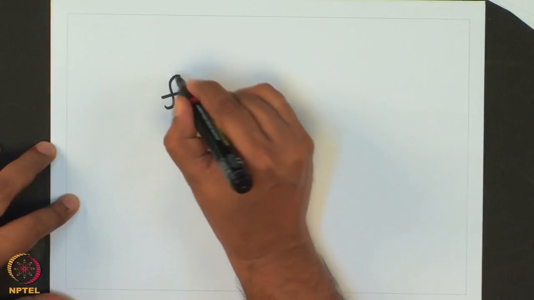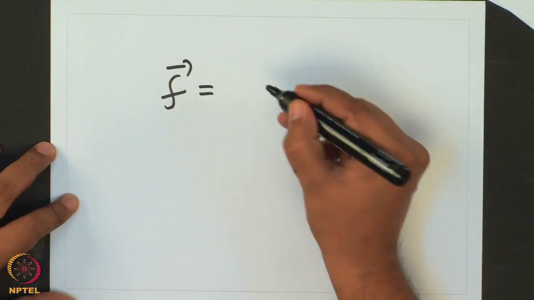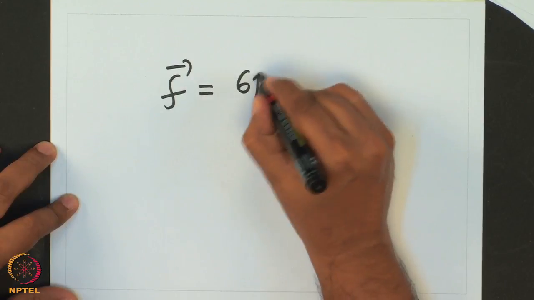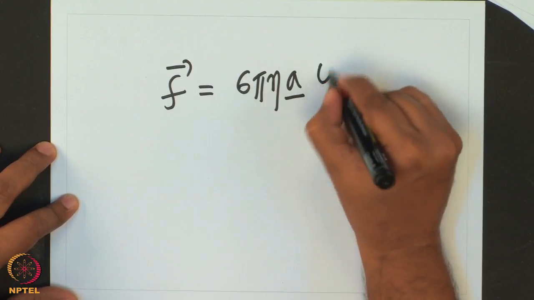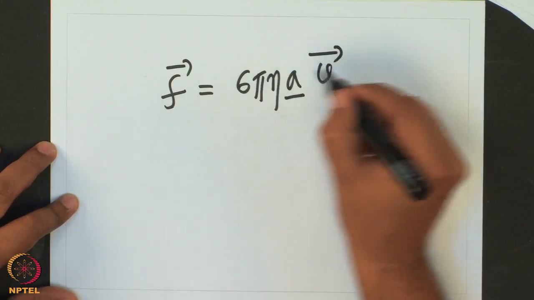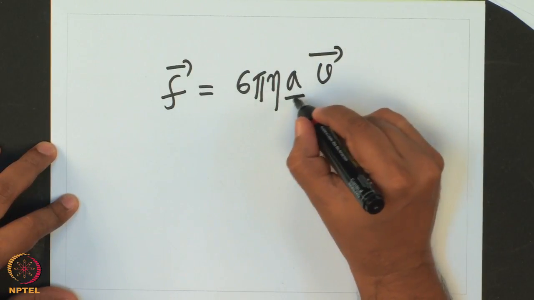The relation between force and velocity in a viscous medium was that if we have spherical particles of radius A, the viscosity eta and radius A.